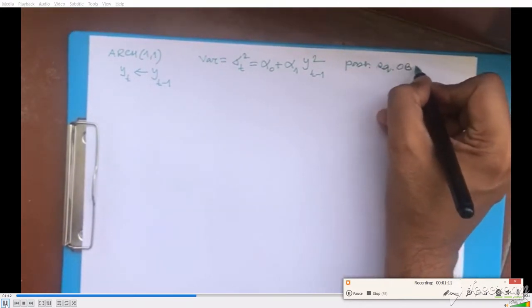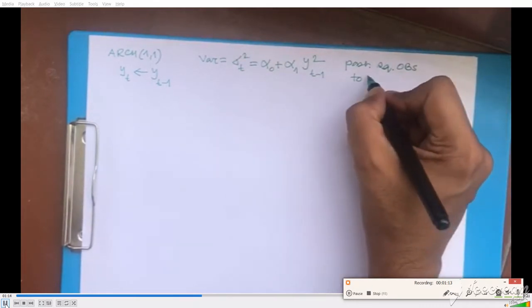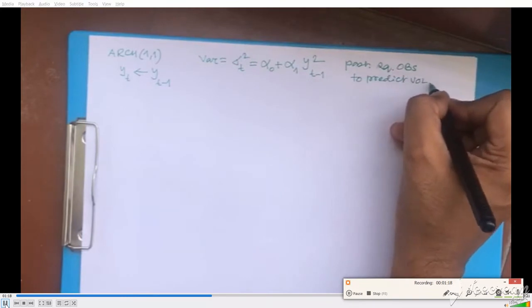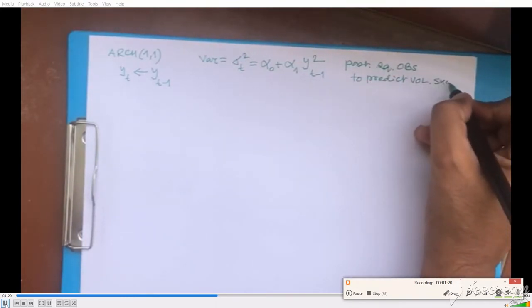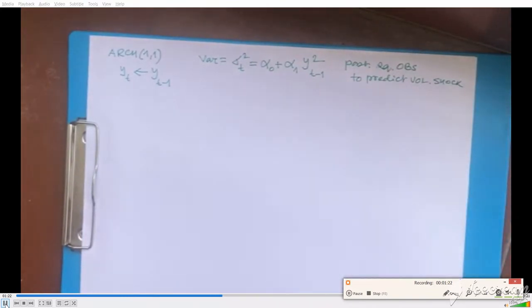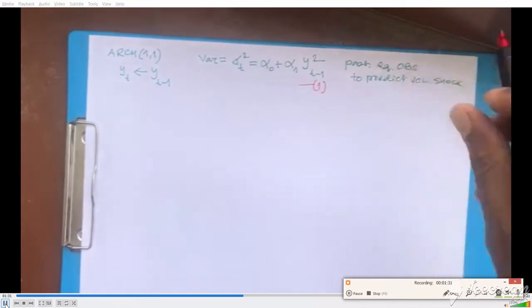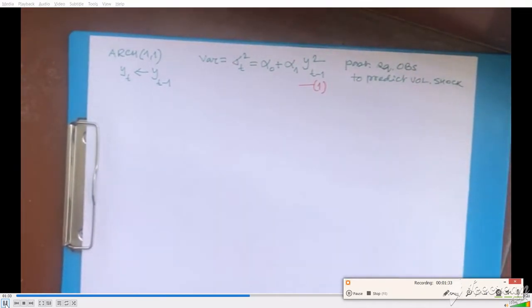That is the method in this case. Let us name this particular equation as equation 1. So this equation is equation 1.